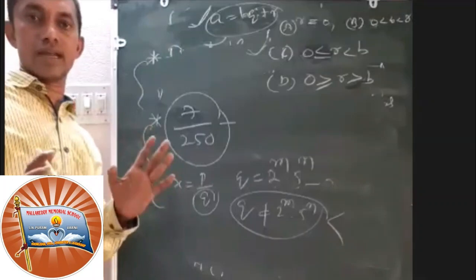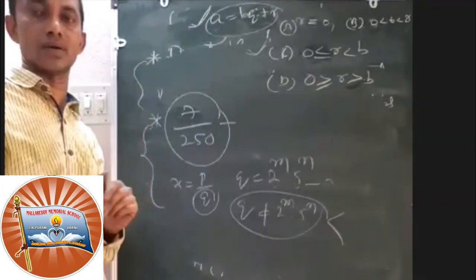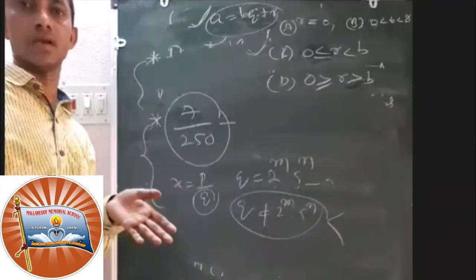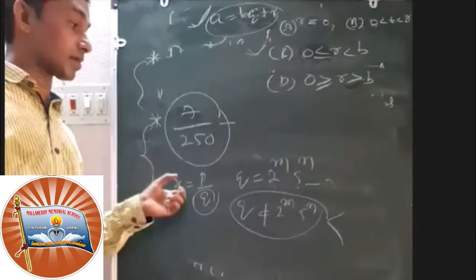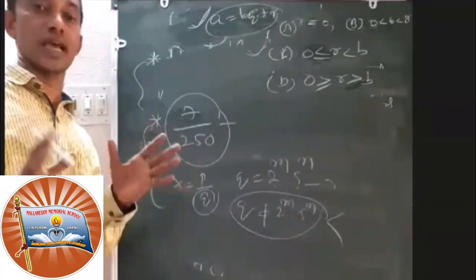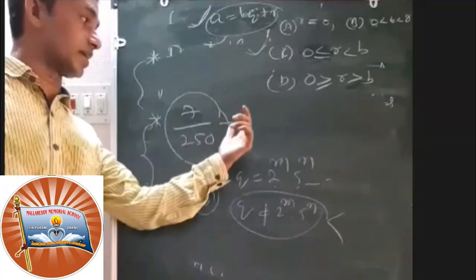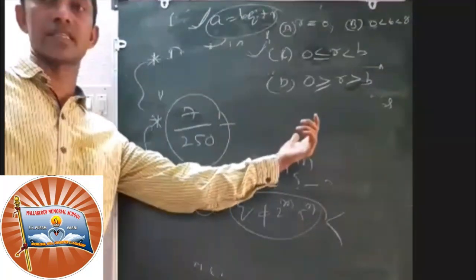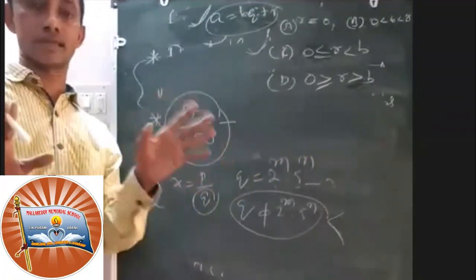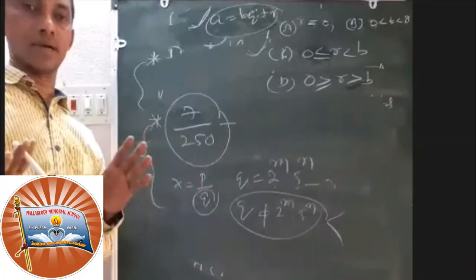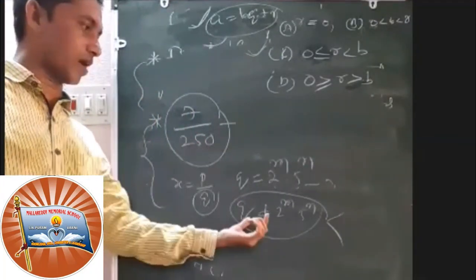So you don't worry about the tags, reasoning question or communication question. Don't worry about this. But if the question is like that, 7 by 250 is a terminating decimal, Akila said, do you agree? Yes, I agree with Akila. Why? Because of the form of the denominator.